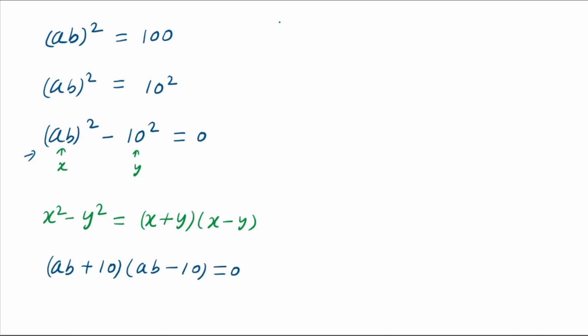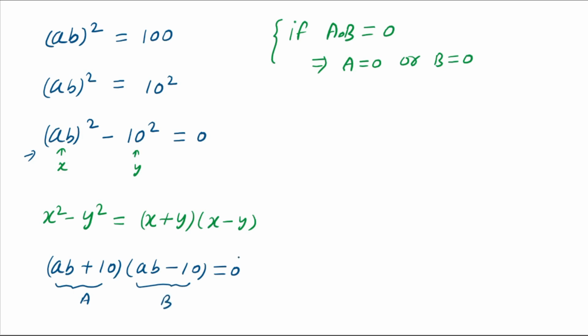Now if we apply this rule, if a times b equals 0, this implies a equals 0 or b equals 0. So here we can say ab plus 10 equals 0 and ab minus 10 equals 0. The value of ab is minus 10, and here the value of ab is plus 10.